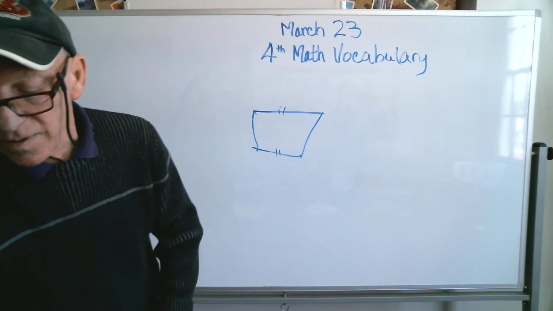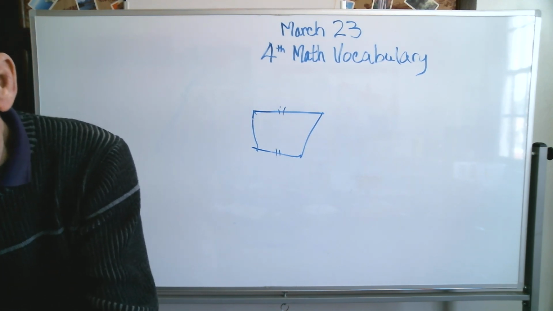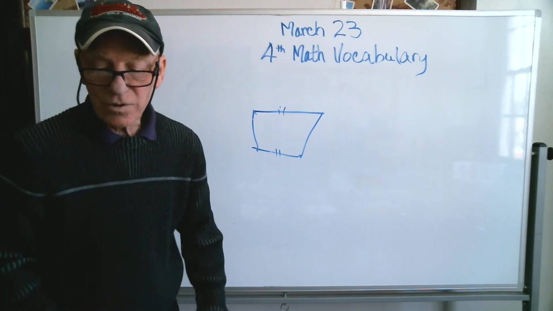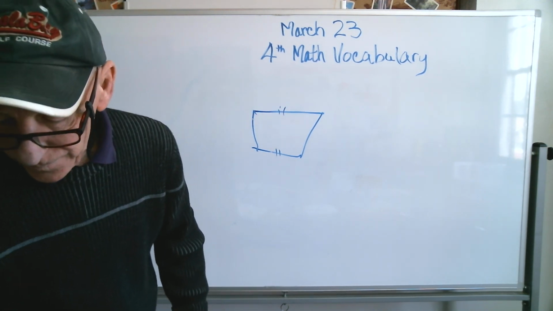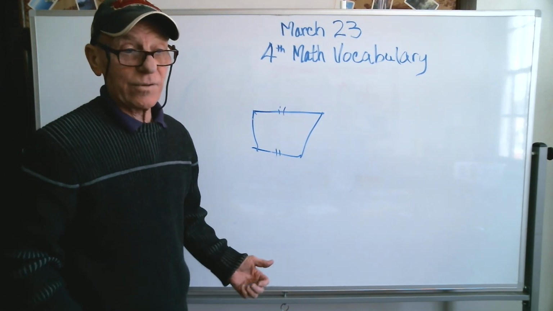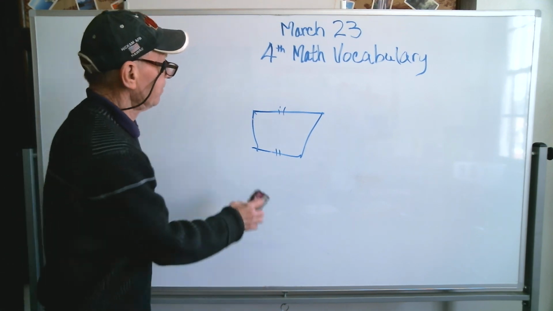Tomorrow, we will begin with lesson 10.1, and we'll talk, oh, there's another word. I didn't remember seeing that in the vocabulary. Lines, rays, and angles. You remember what a ray is?